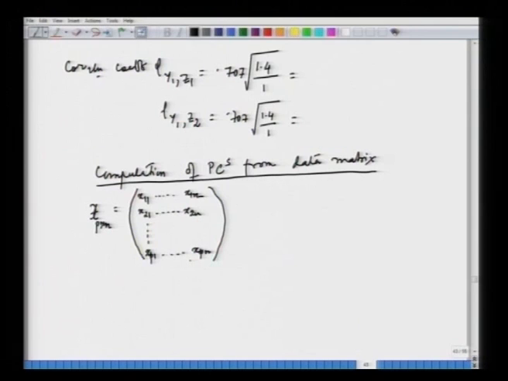If you consider the first column, you have the values of all the variables x1, x2, xp at the first instance, at the first case, that is, the second subscript here is 1.